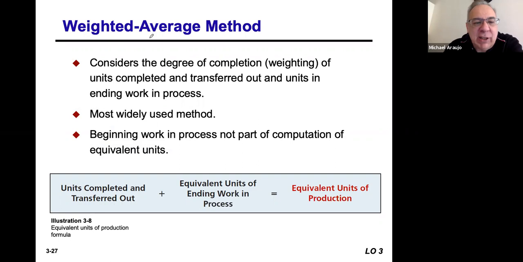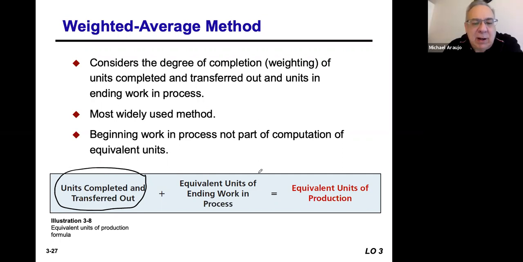They basically use what's called a weighted average method. It's the most widely used method, and it's the only one that's looked at here in this particular book that we're studying. In the appendix, there's more information on using different methods, but we're going to focus on this one. So basically what we need to do is there are units that have been transferred out that are basically done, right?